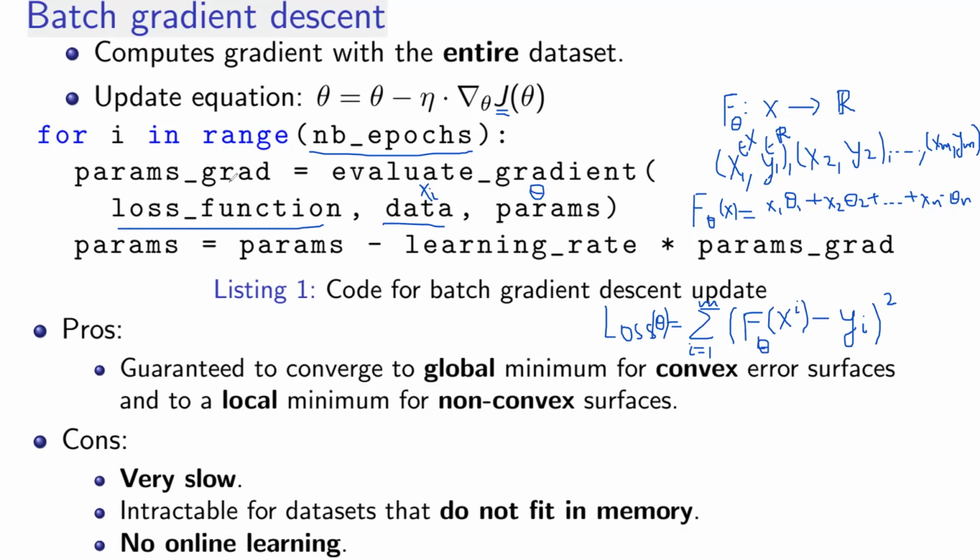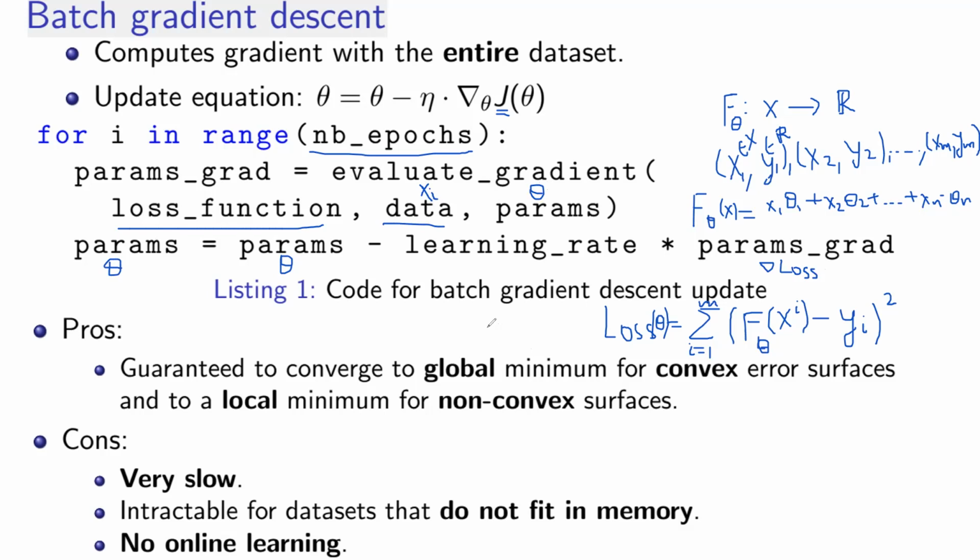So our loss function is here. Then we update our theta based on the old value, our learning rate, and the gradient of the loss function. And that's all that we do. So this is the batch gradient descent.